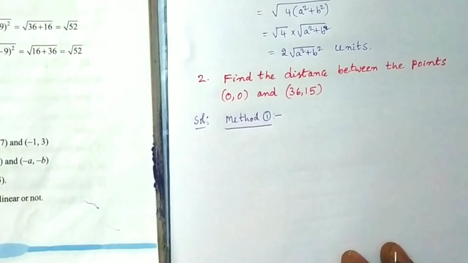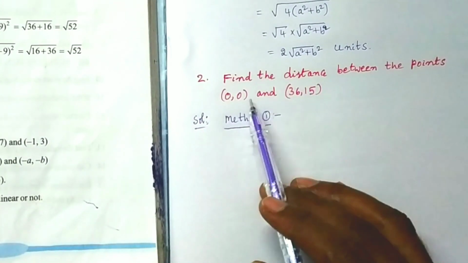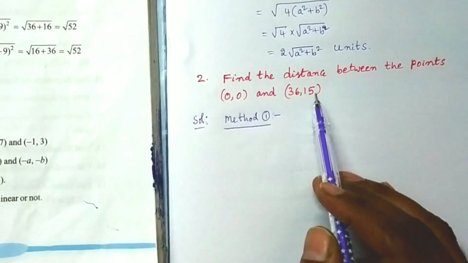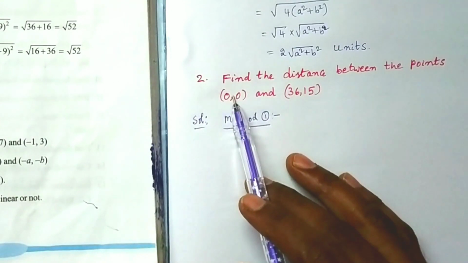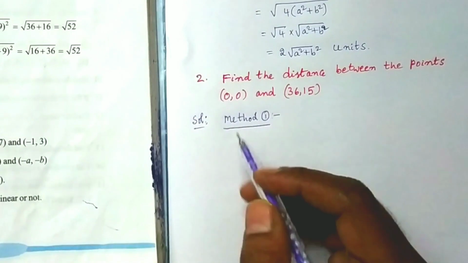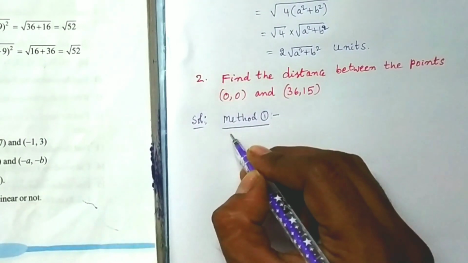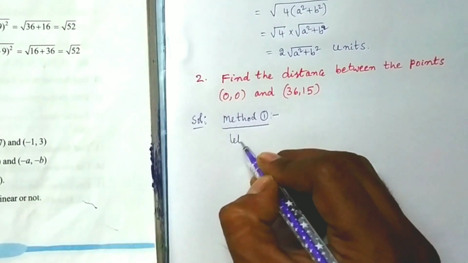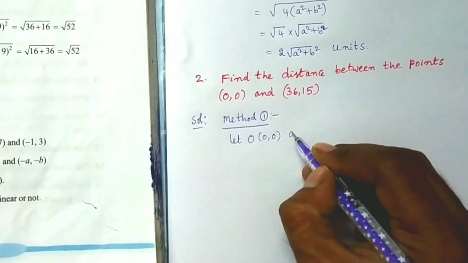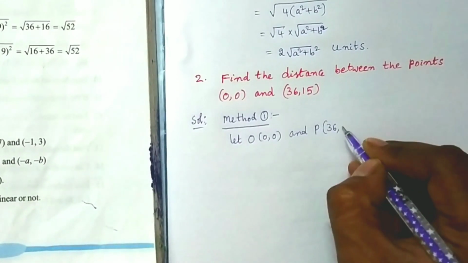Here separately one formula is there. The distance between the points, one point is origin, and let the point as x, y. Then the distance between the origin and x, y is square root of x square plus y square. This is the formula. Let O be 0, 0 and take this point as P, 36, 15.